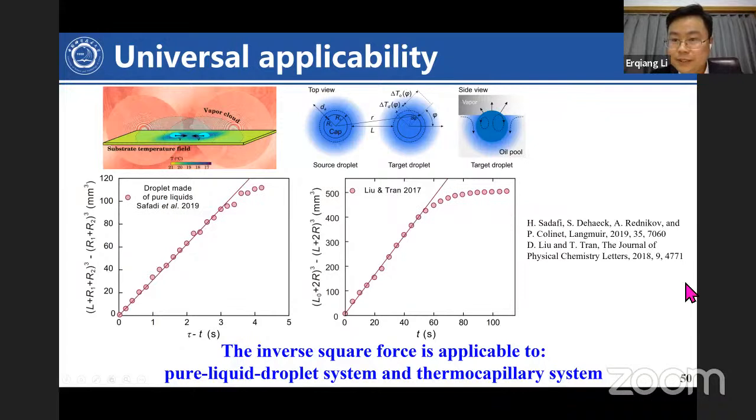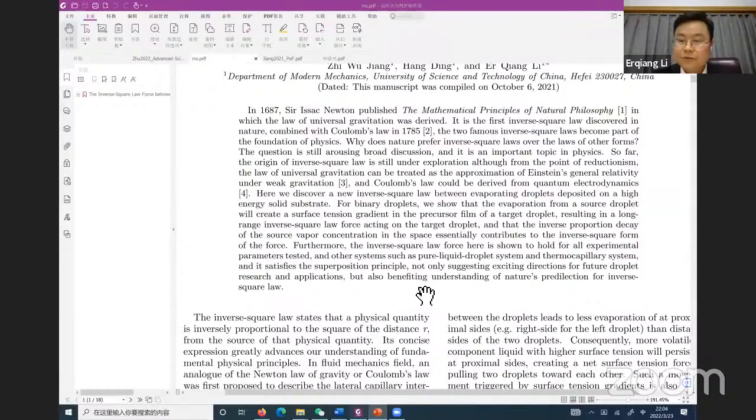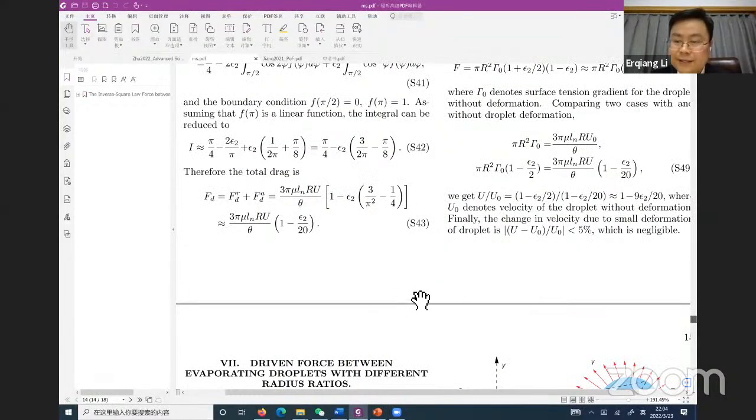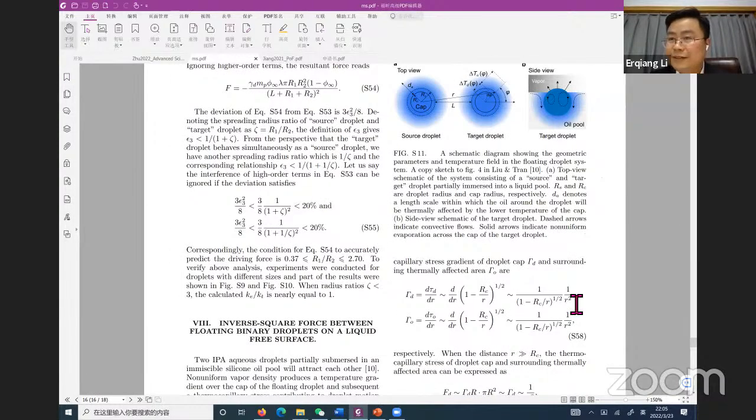When you see this, the two droplets on the liquid surface, this is what you call the thermally affected area, which is also proportional to the square of the distance.